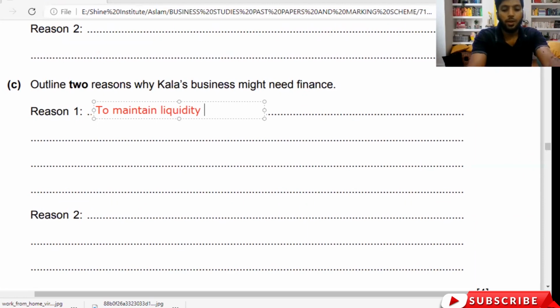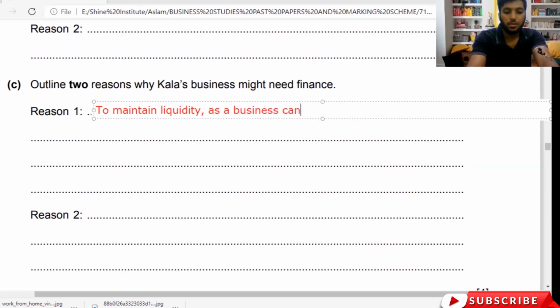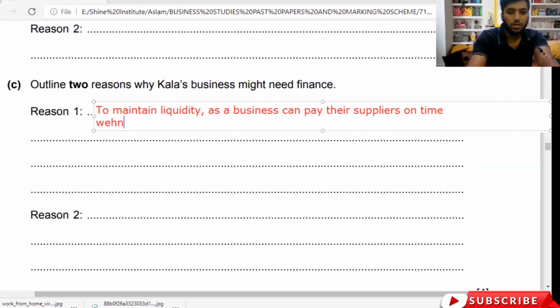So you can write: to maintain liquidity, as a business can pay their suppliers on time when reordering the products.